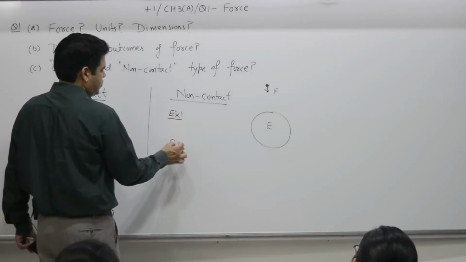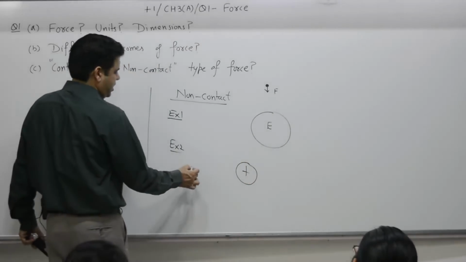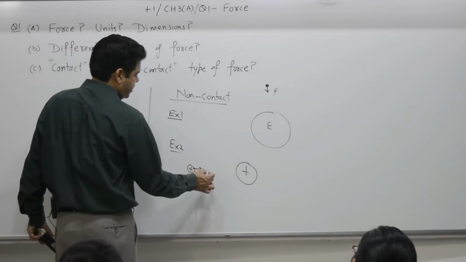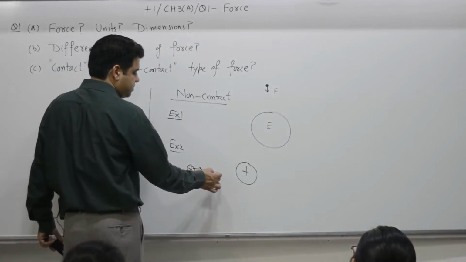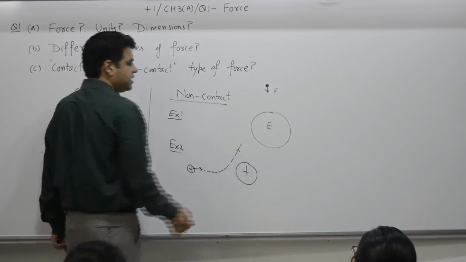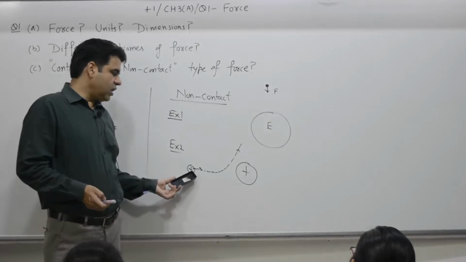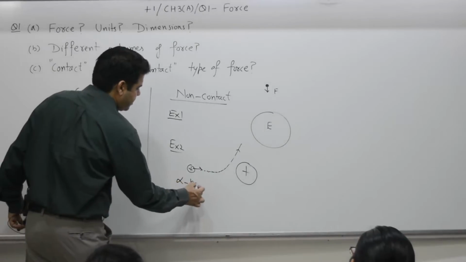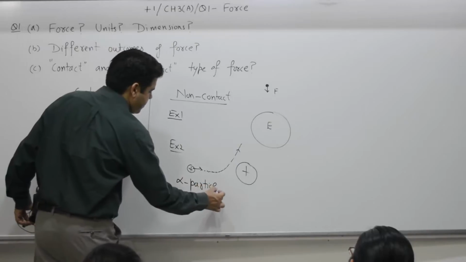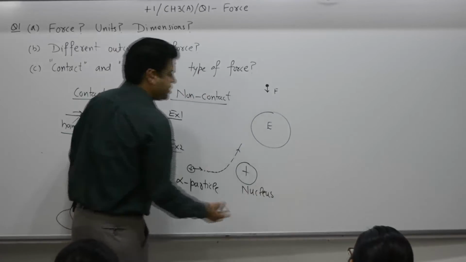Example number 2. A strong positive charge nucleus, and an alpha particle is moving towards the nucleus. Even at this distance, it experiences a force and gets deflected. There is no contact between the alpha particle and the nucleus.